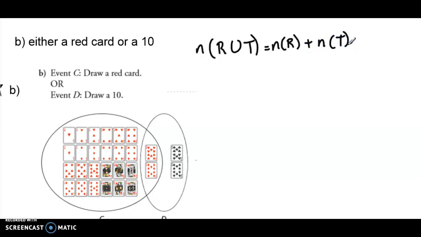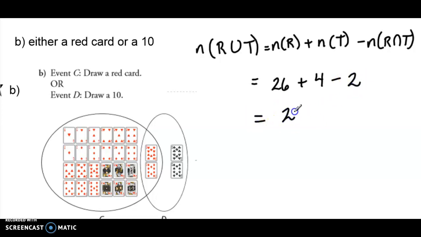But in this case there is an overlap, so we need to subtract that intersection. The number of red cards is 26. The number of 10 cards is 4. And we subtract the overlap. There are 2 cards with both characteristics. So in total, there are 28 possible outcomes.